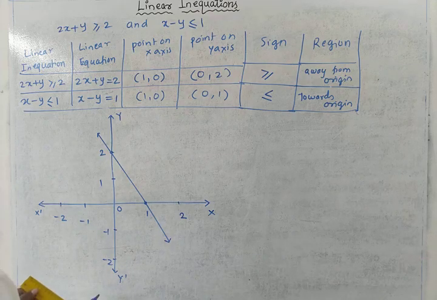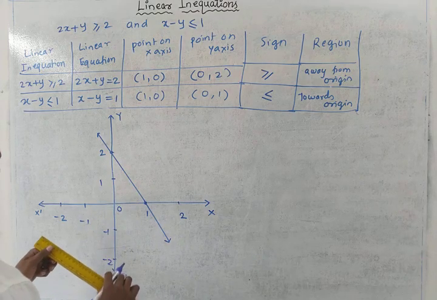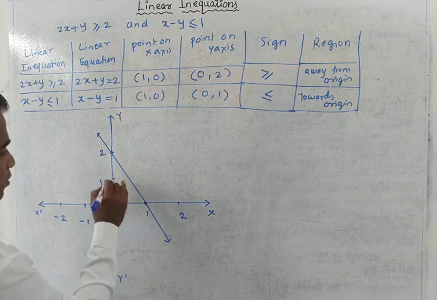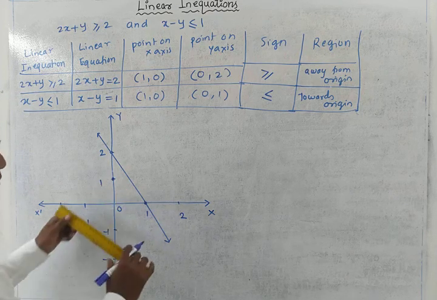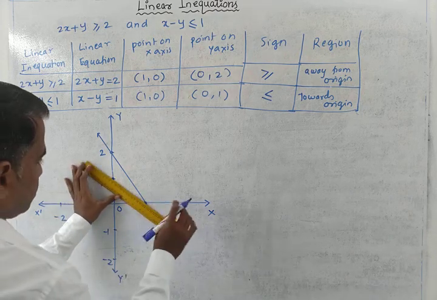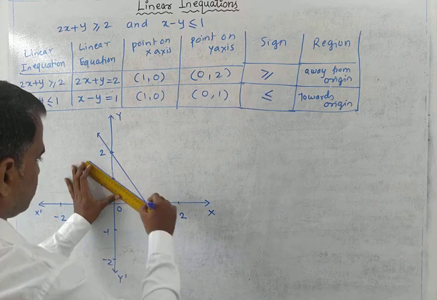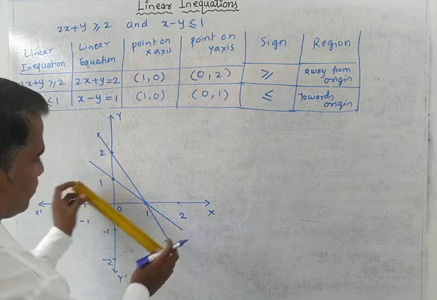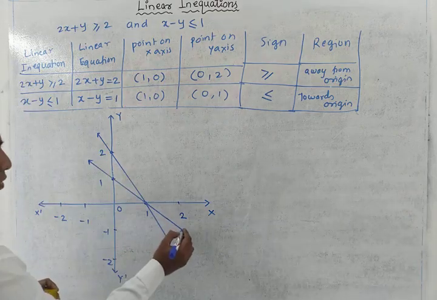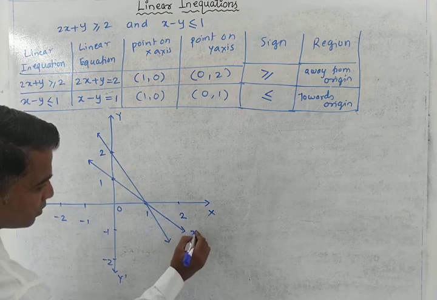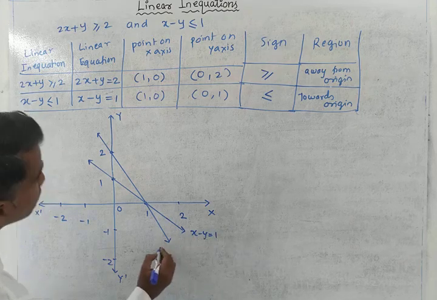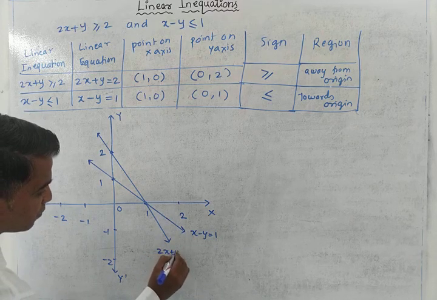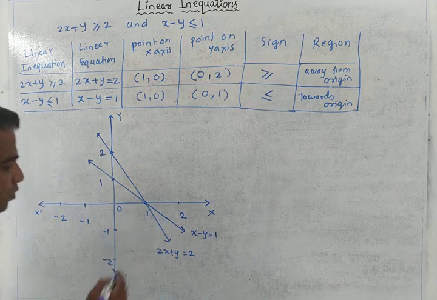Now for the second line, the points are 1, 0, 0, 1. Okay. So equations are x minus y is equal to 1, 2x plus y is equal to 2.